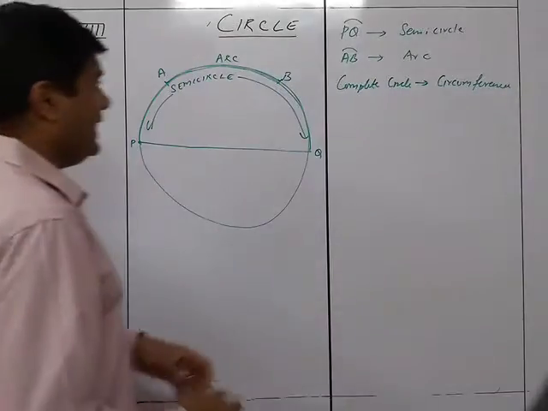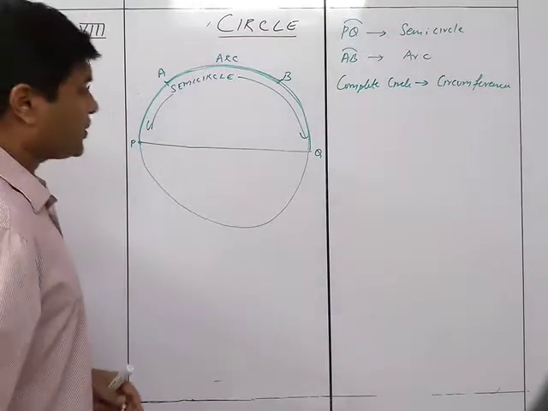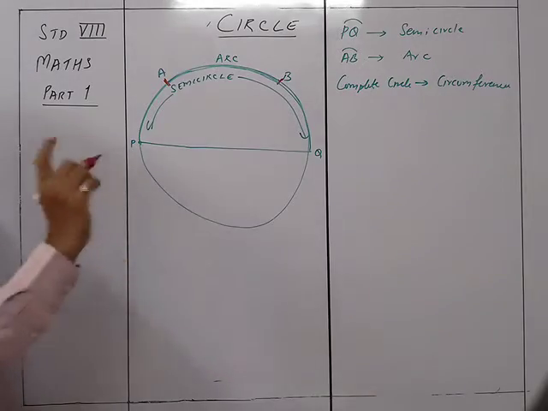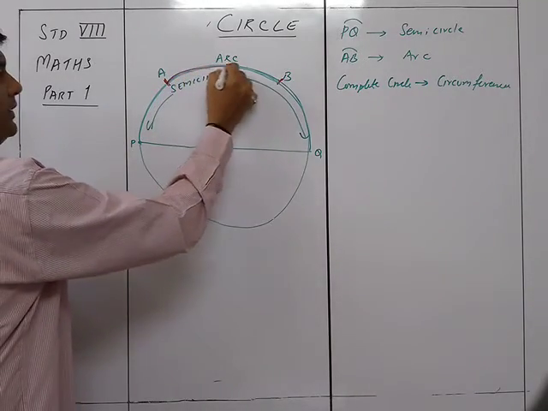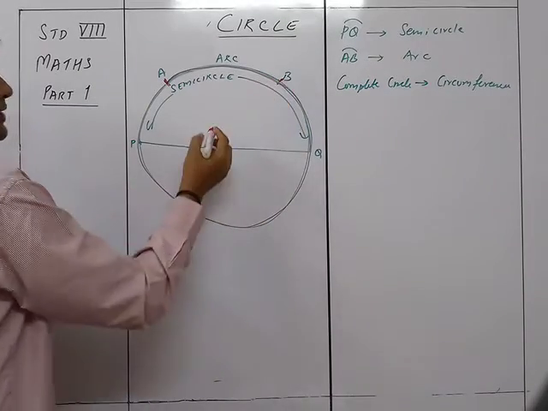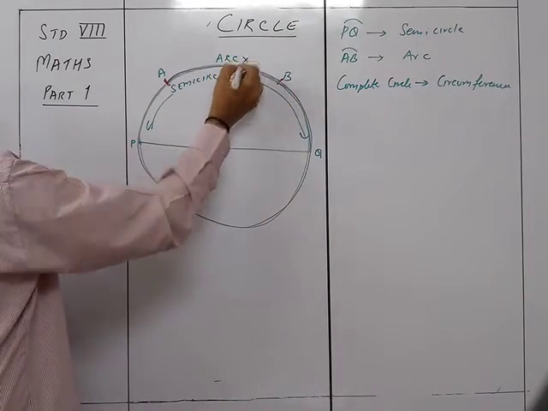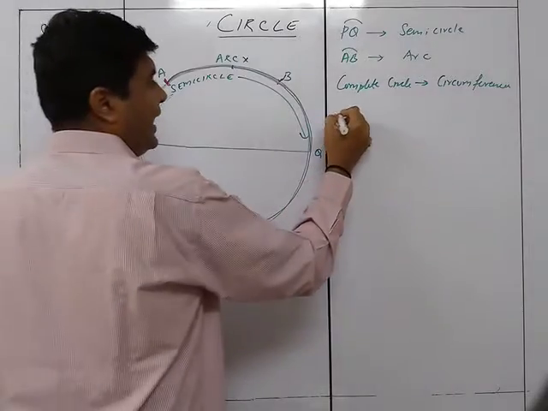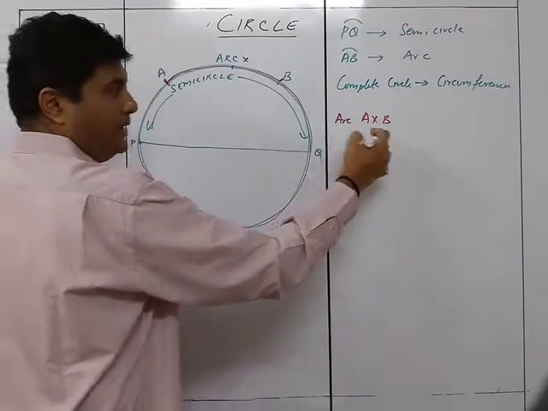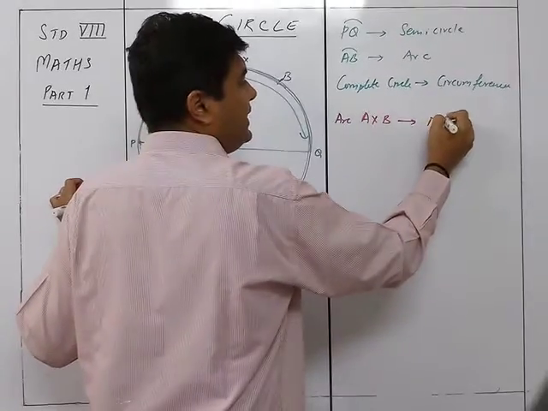Whenever you are saying an arc, so when I talk about the arc over here, if I take an arc AB here, I can actually have two arcs. One arc will be this one, and the other arc will be this one. I will name it over here as this is X and this is Y. Then I can say arc AXB, the smaller one, is called the minor arc.